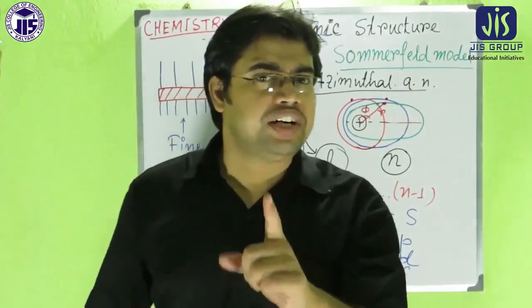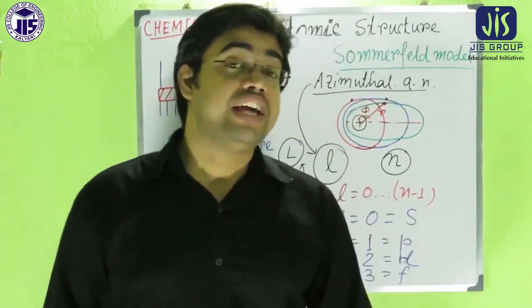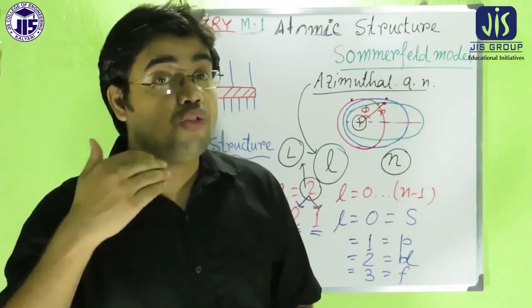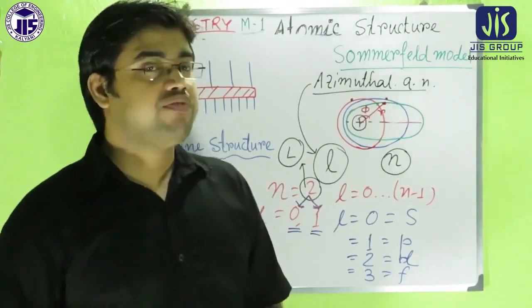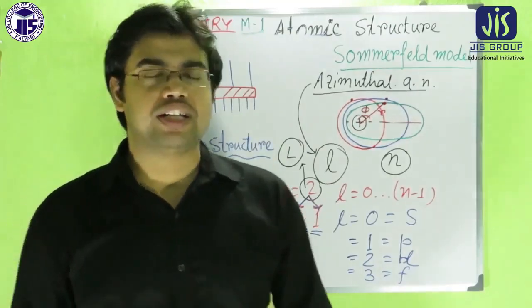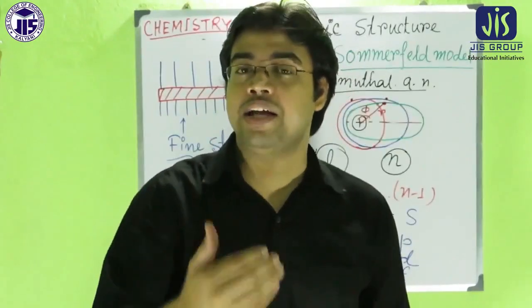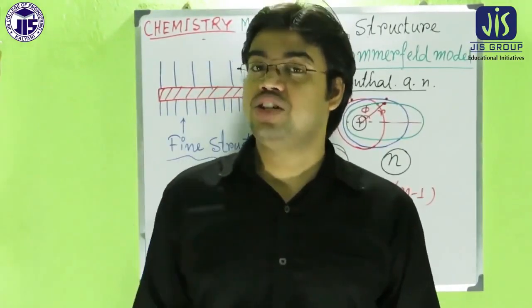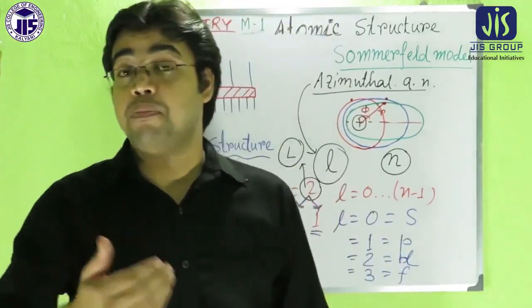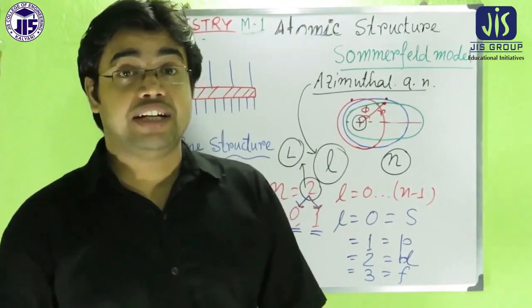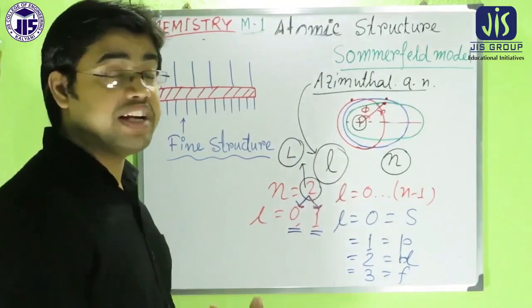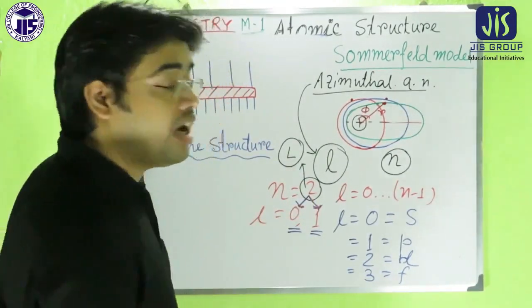It signifies the existence of subshells in a particular atom, and this is the beauty of the Sommerfeld model. Sommerfeld first explained that there are sub energy levels or subshells in an atom, by introducing the azimuthal quantum number.